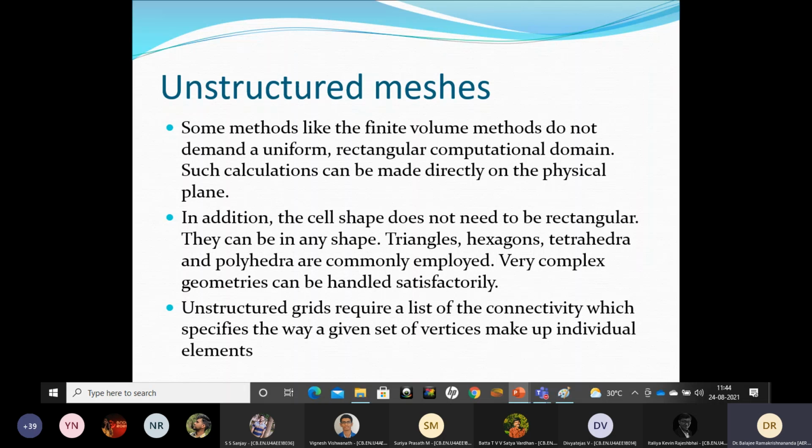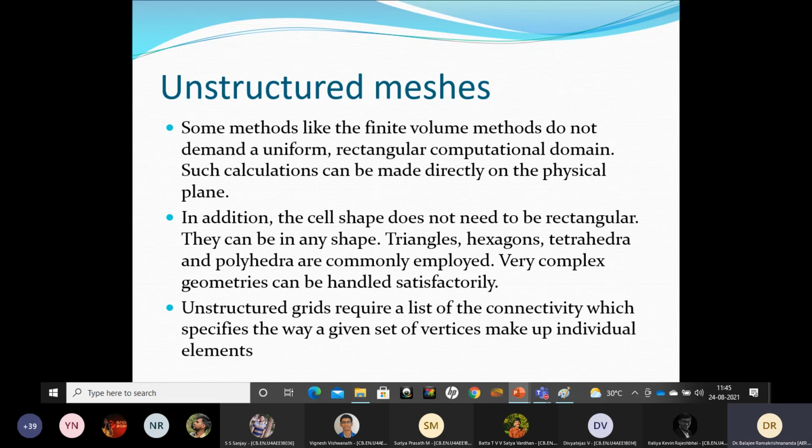Without that itself, we can solve the flow. So you can use any of these structures. The advantage of these is when you go for complex geometries.